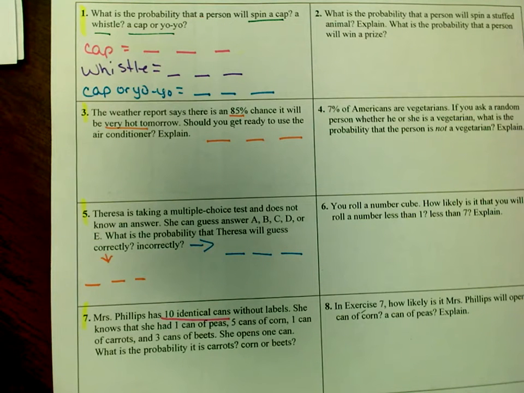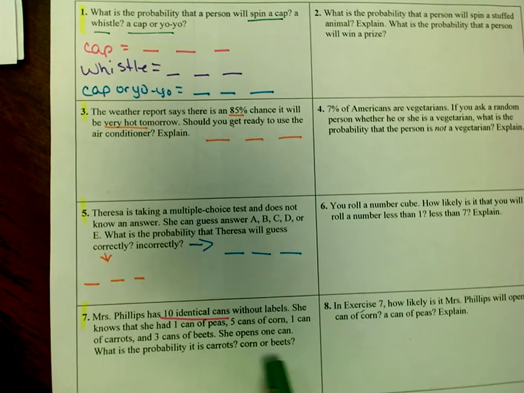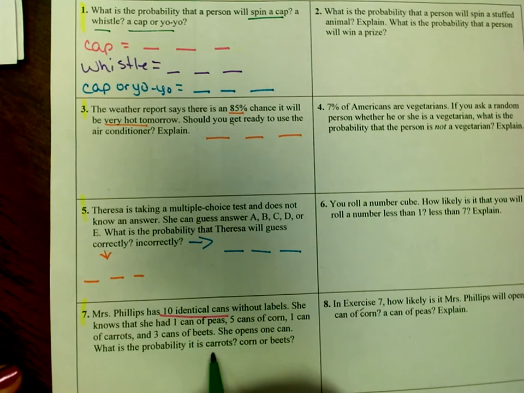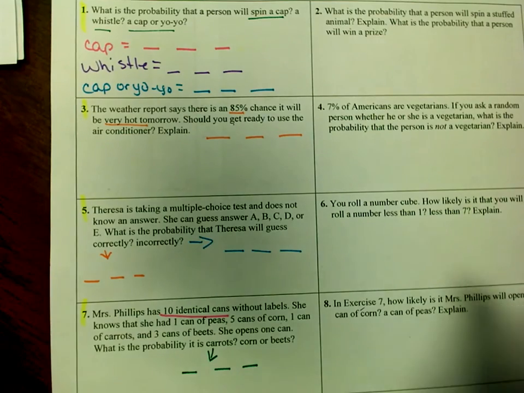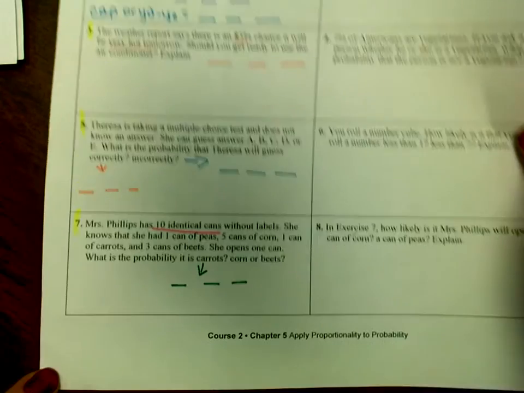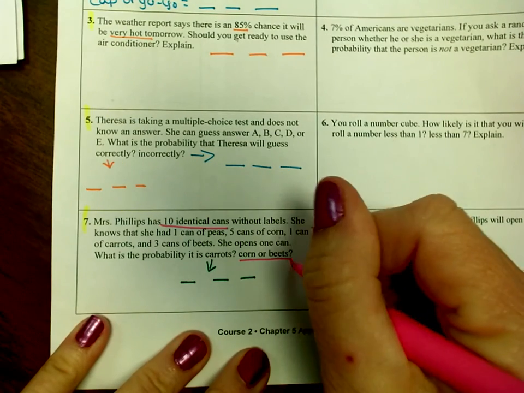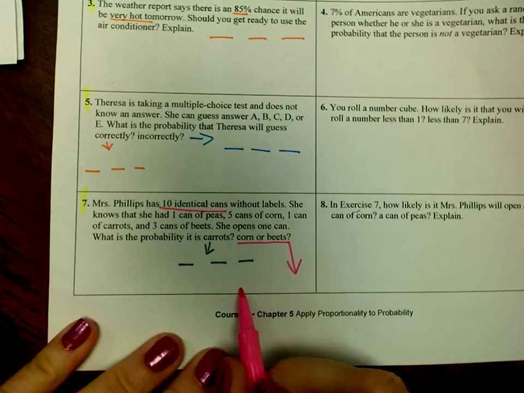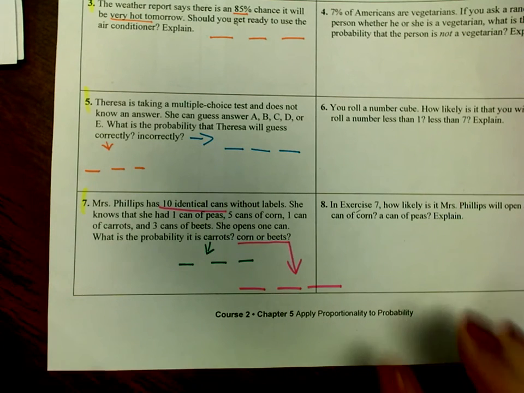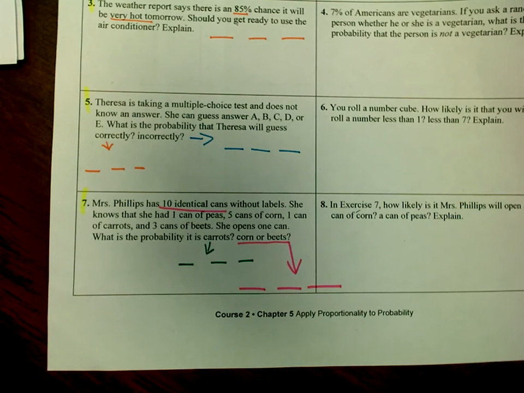What's the probability that it'll be a can of carrots? What's the probability of it being corn or beets? So again, with carrots, you're going to have a fraction, decimal, percent. Sorry, I don't know if you can see that. And corn or beets in a fraction, decimal, and a percent. Okay?